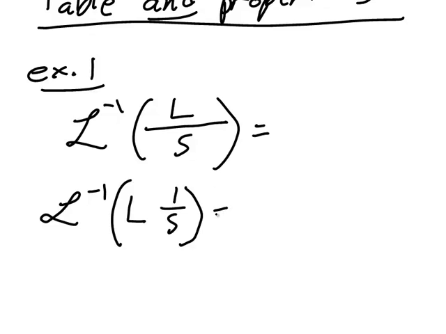Now we can apply the property that says that we can simply pull out a constant in a Laplace transform. So we can pull out the constant L and then take the inverse Laplace of 1 over s, which is the number 1. So the answer here is just the constant L.